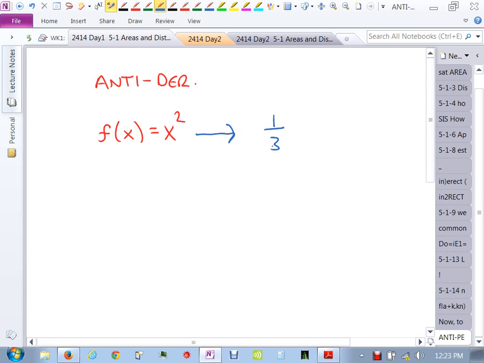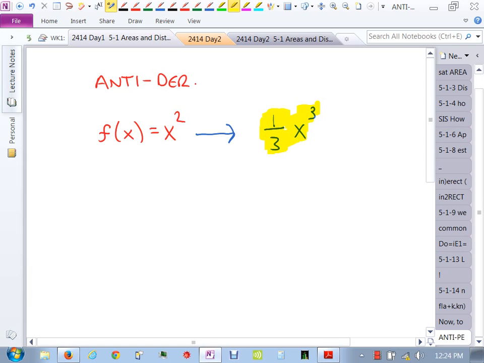It's 1/3 x cubed, or x cubed over 3, plus some constant. If you don't know what I'm talking about, don't worry, we're going to talk about antiderivatives. But you should, even as a Cal 1 student, realize that if you take the derivative of that, you get x squared, right?